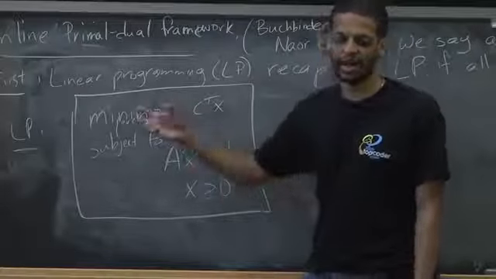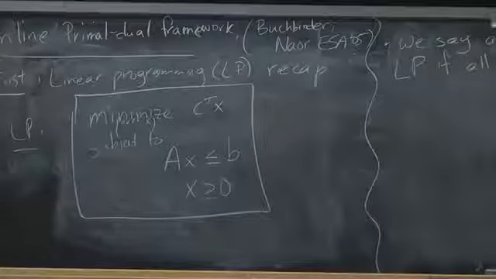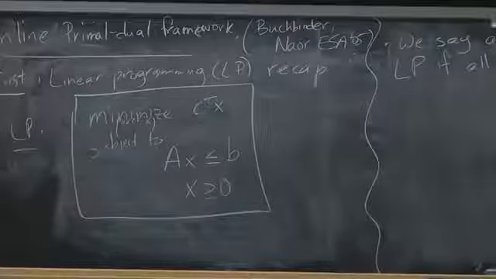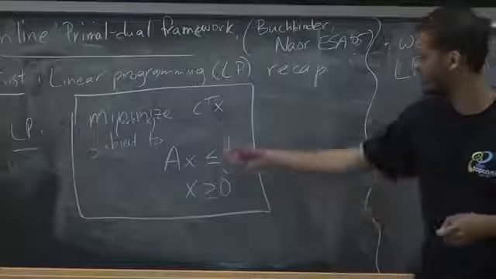I want to say that no matter how you choose x, I promise you that you cannot make C transpose x smaller than something. I want to get the best lower bound I can on C transpose x, where x has to satisfy these constraints. What's a systematic way of proving to me that you cannot do better than this?